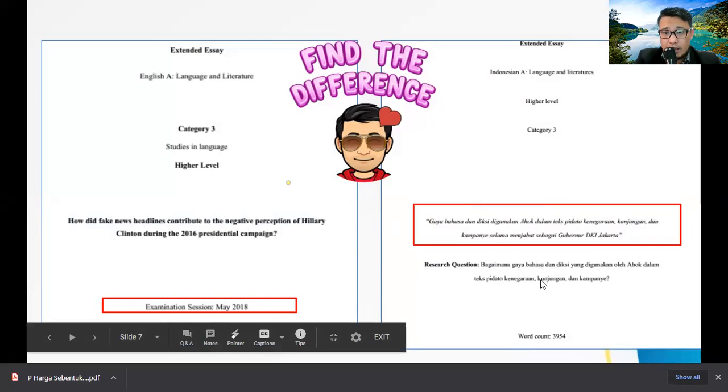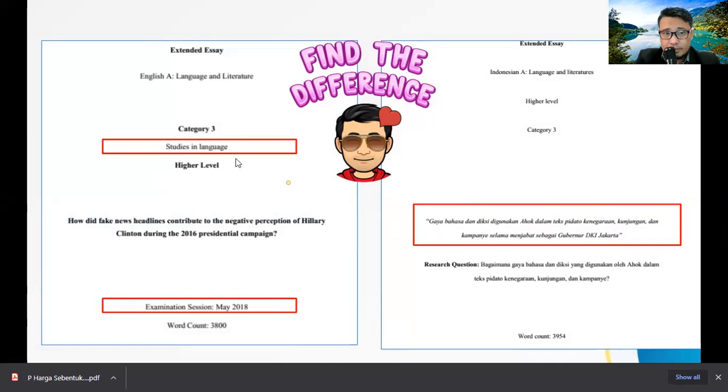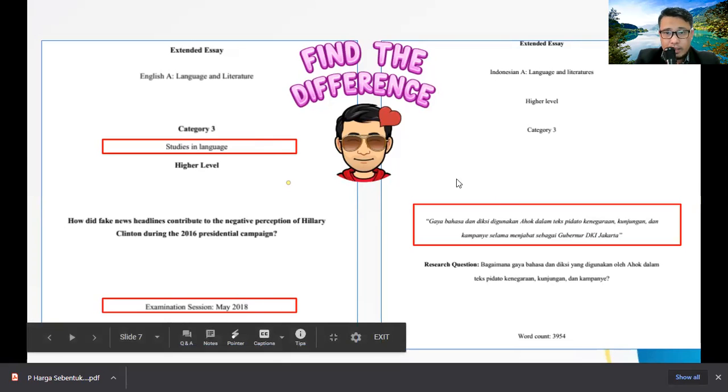That's still okay. But here you can see on the left side, the student also put in detail what Category 3 studies in language is supposed to be like this, while on the right side there is no detailed explanation about what Category 3 would be. So this one is correct, and this one is also correct, this one is also fine.